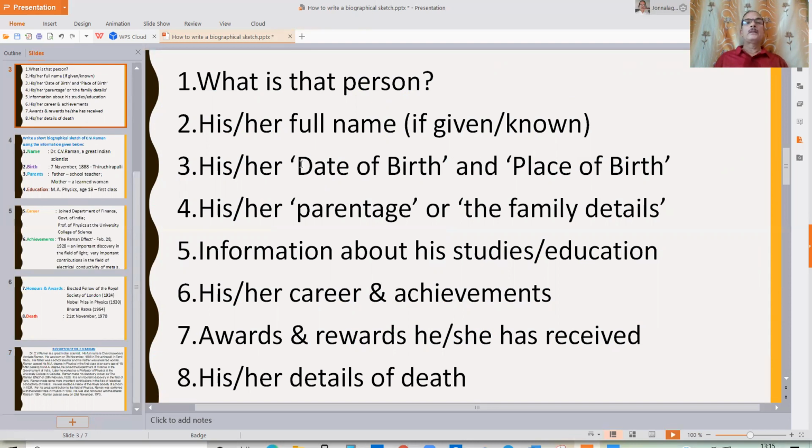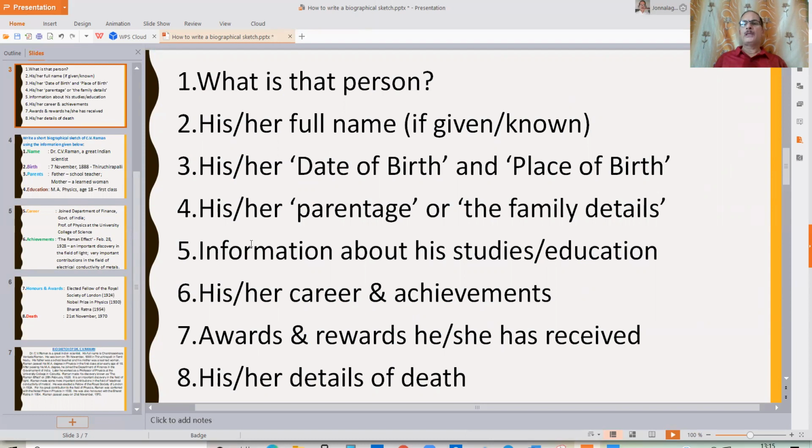When you write the date of birth of that person, we have to say he was born on, she was born on. You have to mention the date, and before the year you can write in. If you don't want to write in, you can put a comma also, and you can mention the place of birth also. And then about his parents and family details, you have to write in that bio sketch.